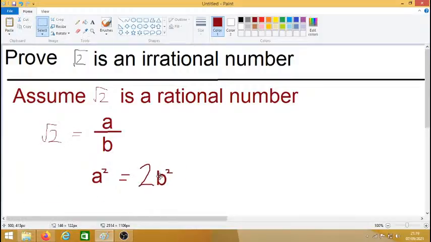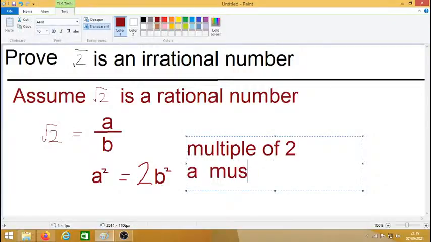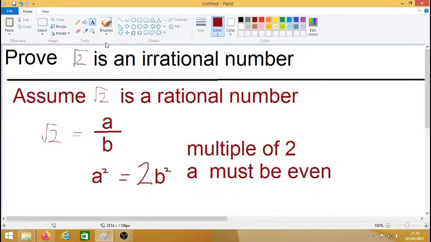And what I see by just doing that little move is that now I've got a multiple of 2. So a multiple of 2 here means that I've got an even number. So I see that a squared must be even.